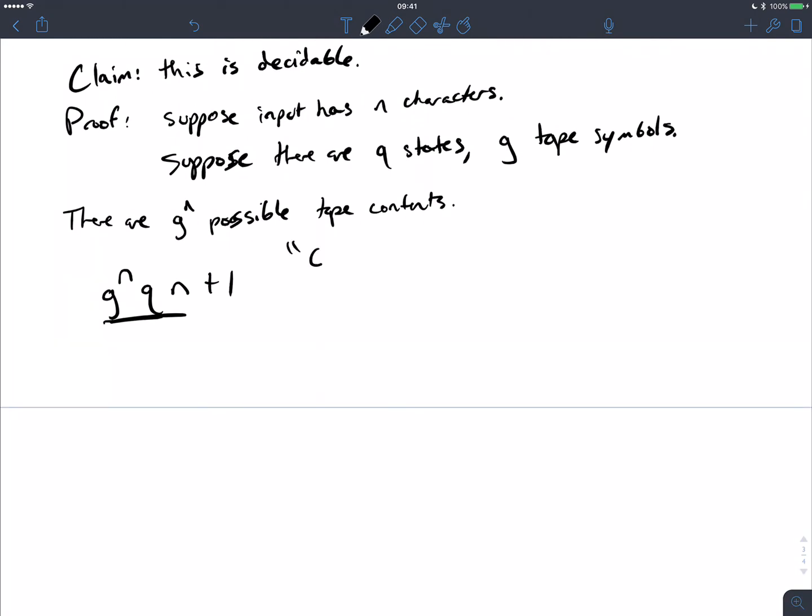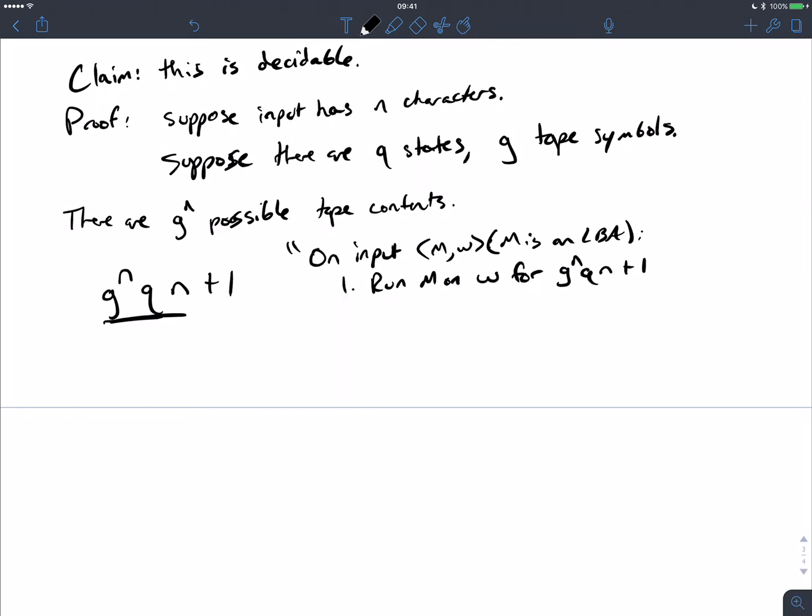So how do we prove it? On input <M, W>, where M is an LBA, run M on W for G to the n Q n plus 1 transitions, or until M stops, because it certainly could stop before then.